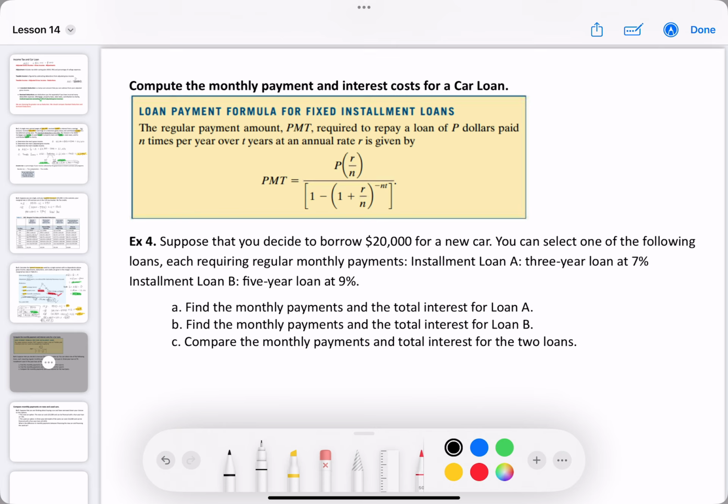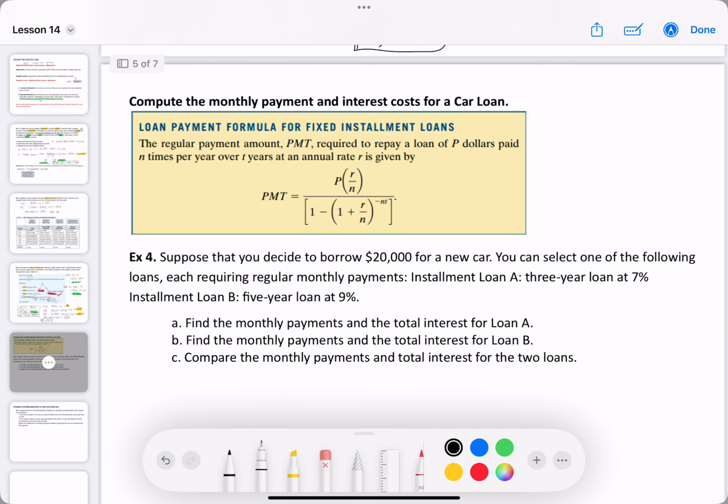Loan payment formula for fixed installment loans. So how do we find this? Every month I should pay the PMT money.